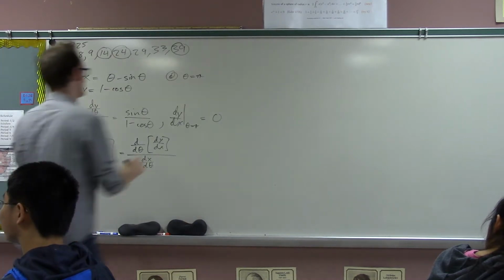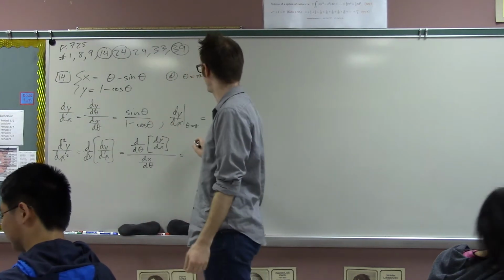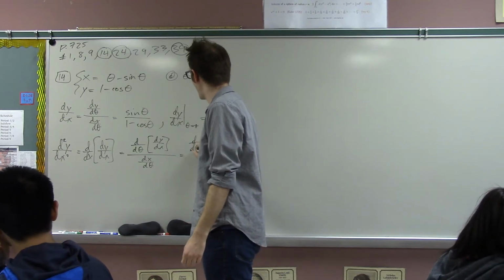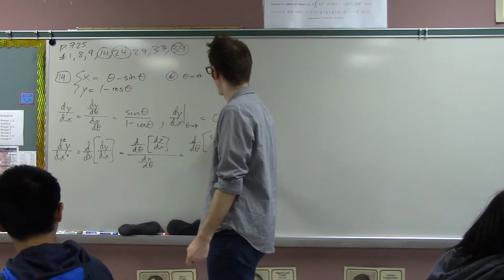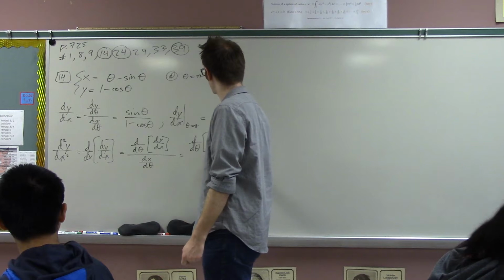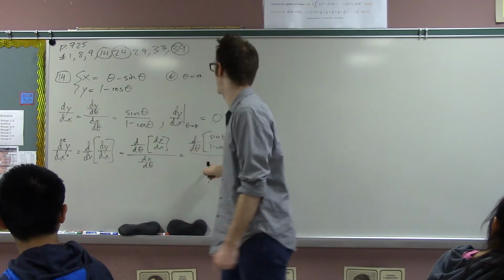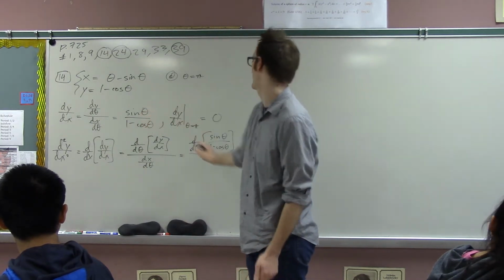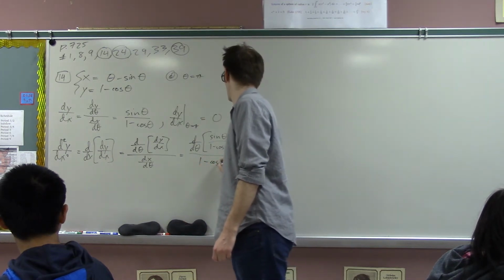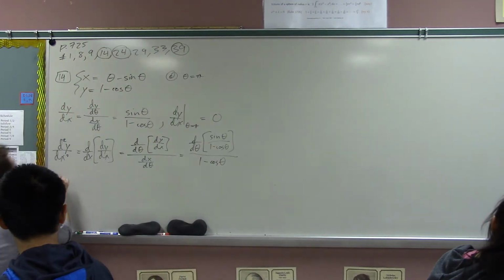So what I need to do on the top is differentiate dy/dx, which is sine theta over 1 minus cosine theta, with respect to theta, and on the bottom dx/d theta, which is just 1 minus cosine theta. I'll just use the quotient rule.